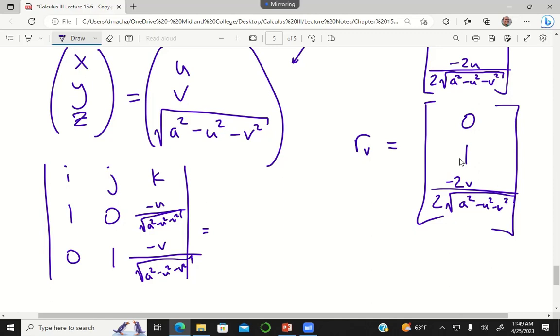So this is going to be a 3-dimensional vector. The first component is going to be 0 minus 1 times negative u over the square root, so the first component is u over square root a squared minus u squared minus v squared.